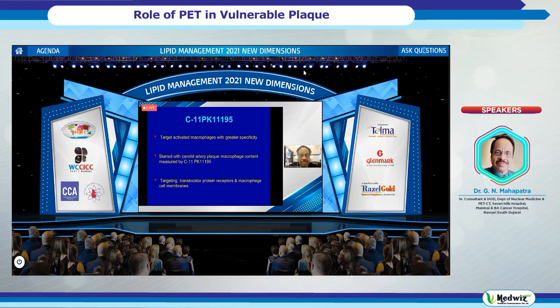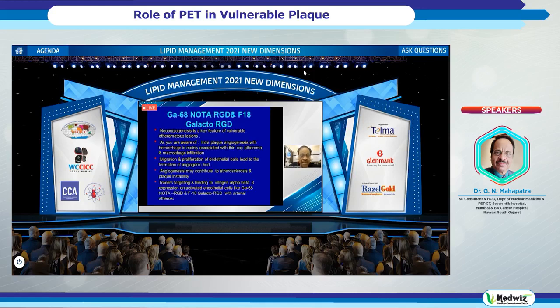Then comes C11 PK11195. This again targets activated macrophages with greater specificity, targeting translocator protein receptors in macrophage cell membranes. Then gallium-68 NOTA, which I was talking about, for neoangiogenesis, and F18 galacto RGD.